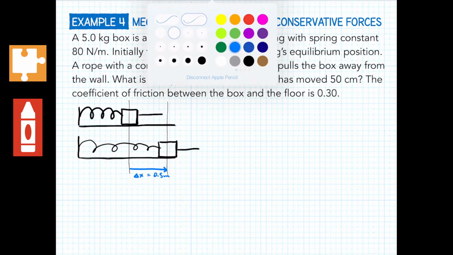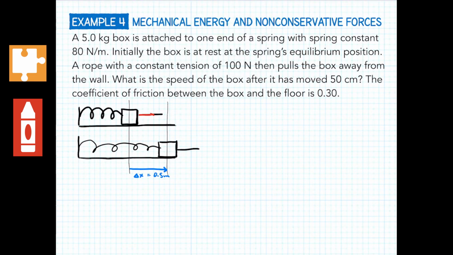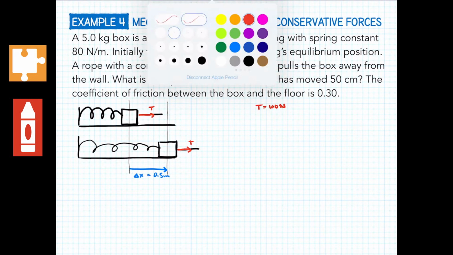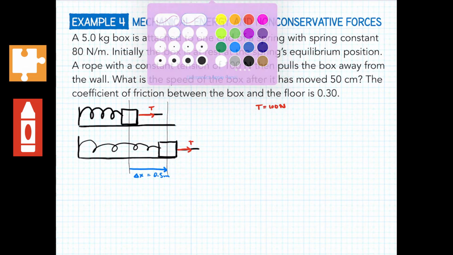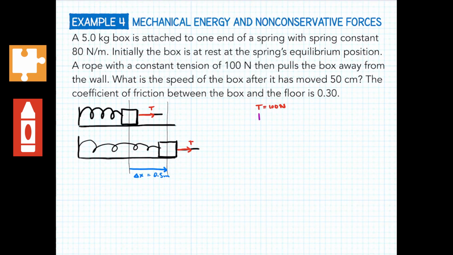We know we have a tension both times. That's going to be T. And we know that T is equal to 100 newtons. Let's see, spring constant. Our spring constant we'll just write in purple, I guess. So k is equal to 80 newtons per meter.